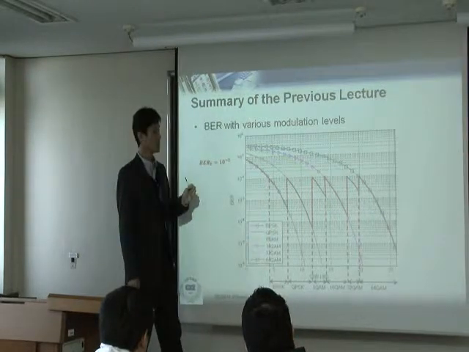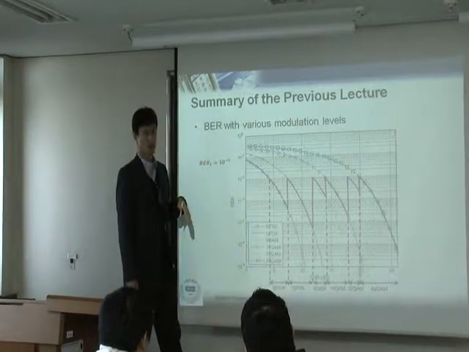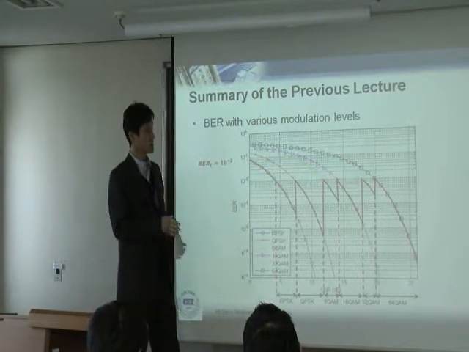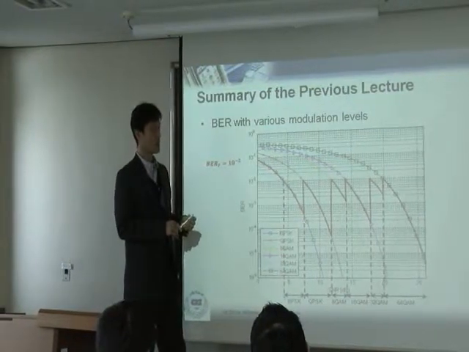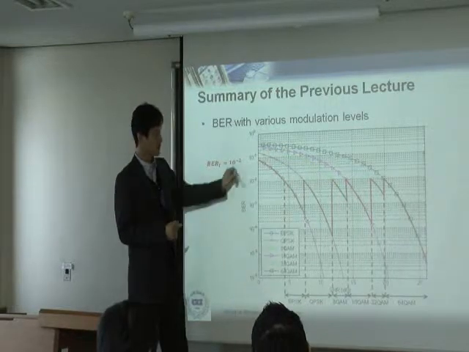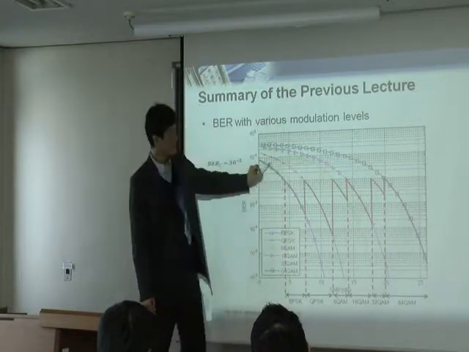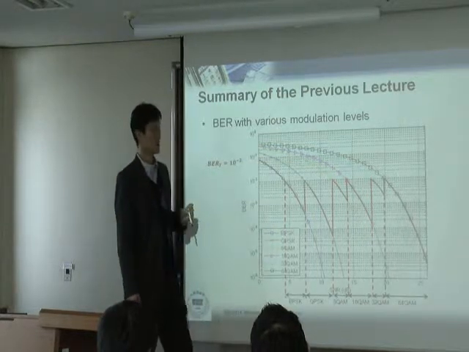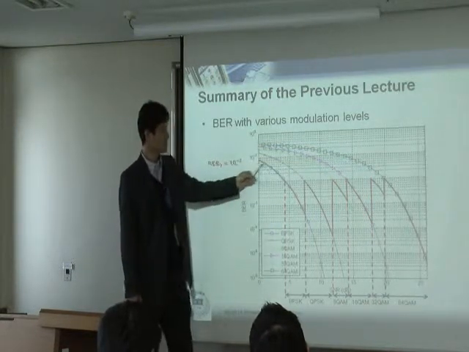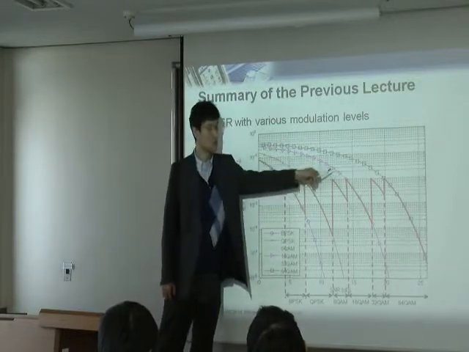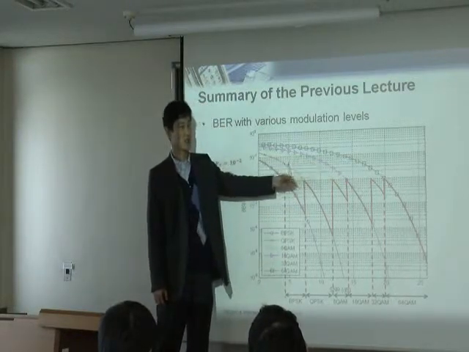But that can only be done in simulation, because convolutional coding and turbo coding are very hard to analyze. The bit error rate and symbol error rate of this one we can draw with analysis. We know that this one is the same as the Q function, and all the others can also be approximated by the Q function.